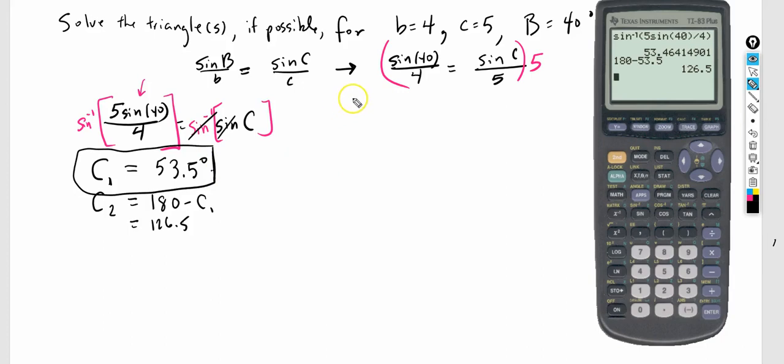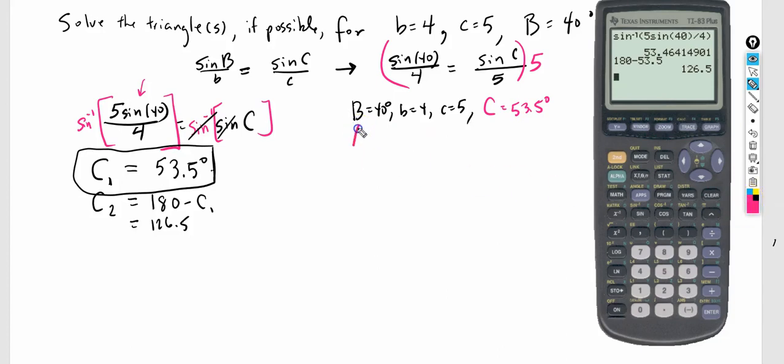So we have B is equal to 40, b equals 4, c equals 5, and now my angle C is 53.5. Okay. And so I still need to find A and the side a. Okay, well, so I'm in my first possibility here.